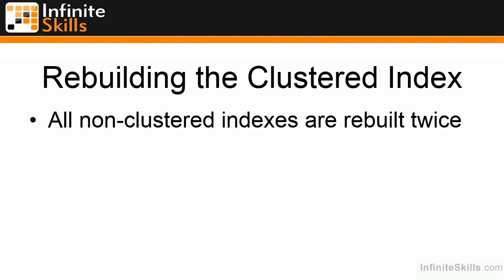Now, a big downside to this is that all your clustered indexes have to be rebuilt twice. The reason for this is when you first remove the clustered index from the database table, that means that you're now turning your database table from a clustered index into a heap. Well, the way SQL Server manages relationships between clustered indexes and non-clustered indexes is by putting the clustering key within the non-clustered index.